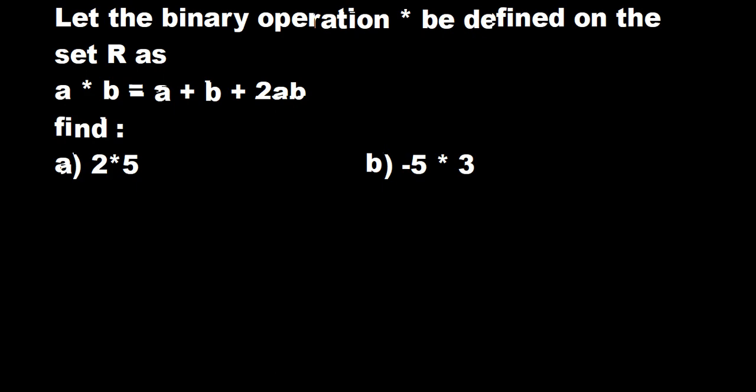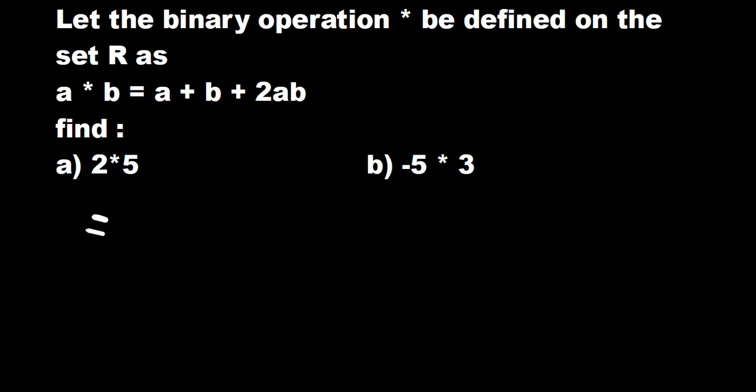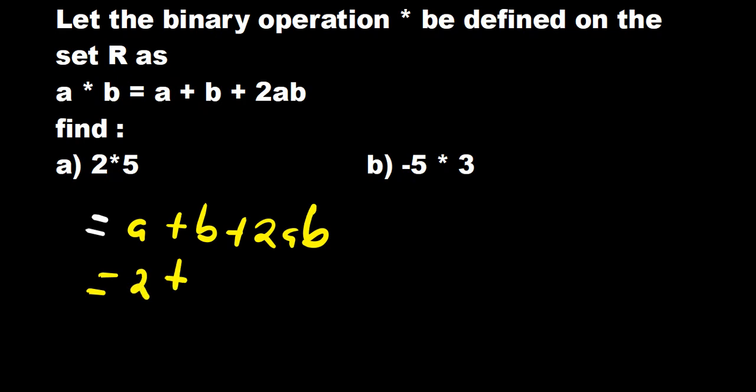So this is equal to A plus B plus 2AB. Our A will be 2, plus our B will be 5, plus 2 times 2 times 5.